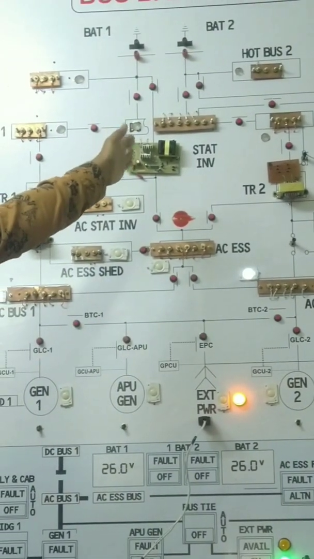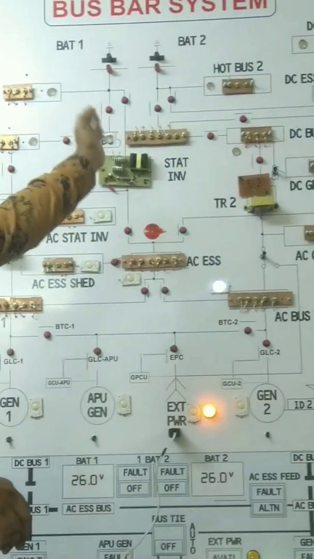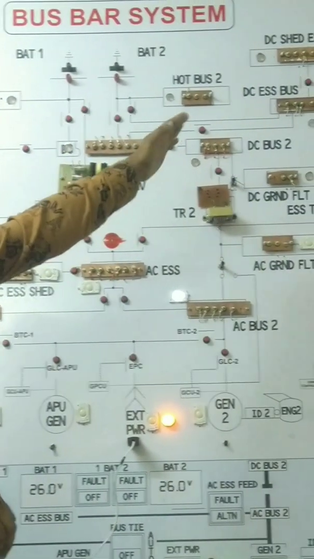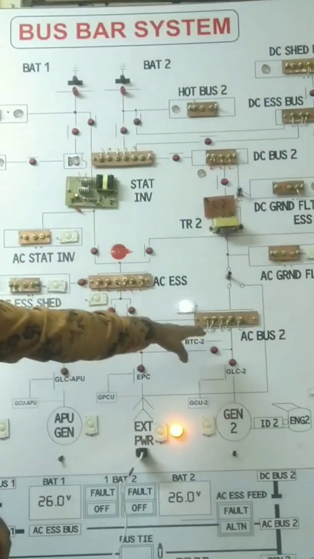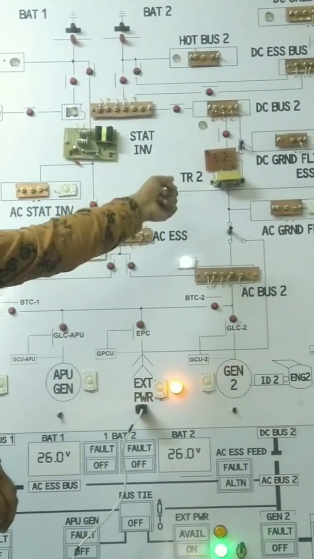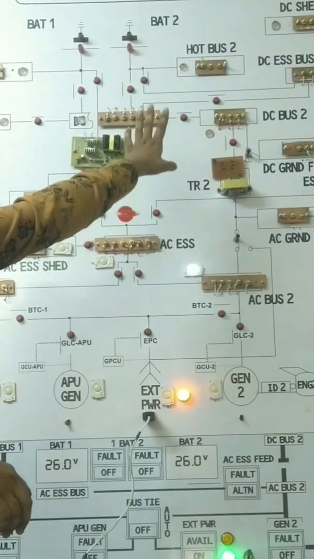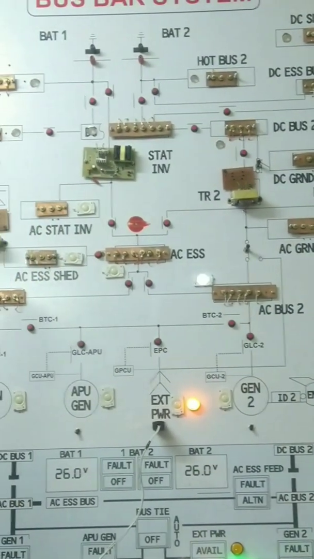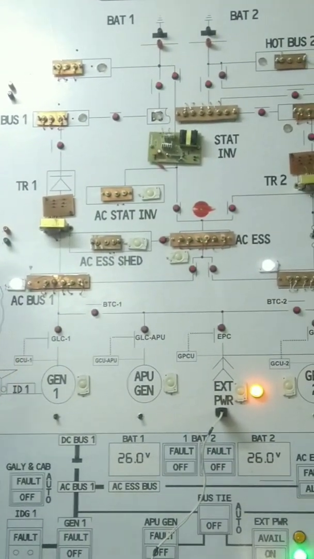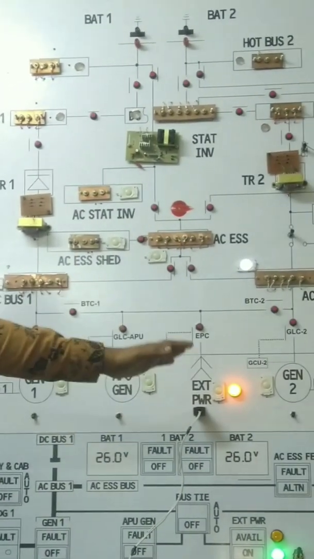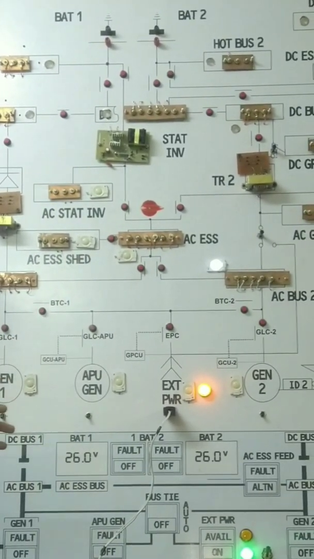The DC bus charges battery 1 and battery 2. Then similarly, the DC bus provides DC voltage to the DC essential bus and DC shed bus. Then AC bus 2 supplies AC voltage to the TRU, which converts AC into DC, and the DC voltage goes to DC bus 1.